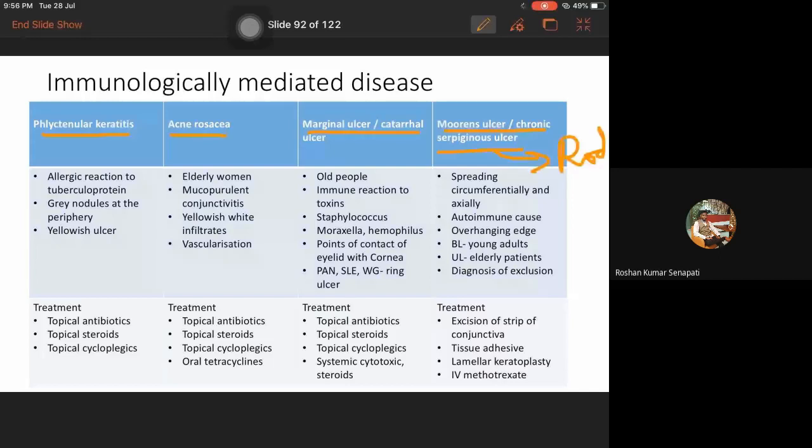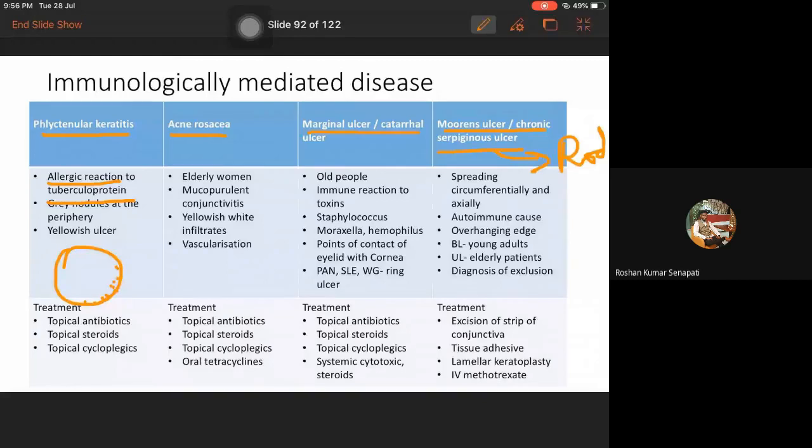In the last class we discussed phlyctenular keratitis, mainly because of its allergic reaction to a tubercular protein. Whenever we see cases, especially those who have phlyctenular conjunctivitis, we see corneal involvement. To begin with, in the periphery of the cornea, gray nodules can be seen.